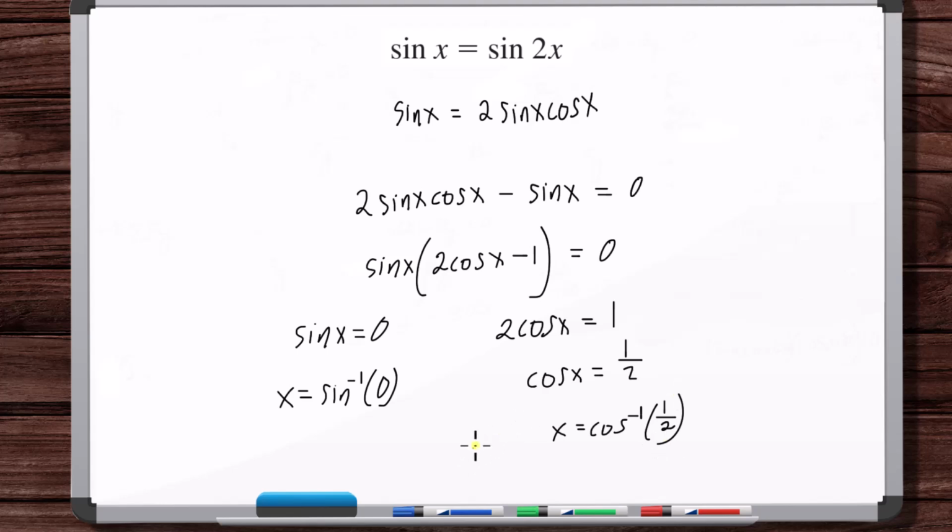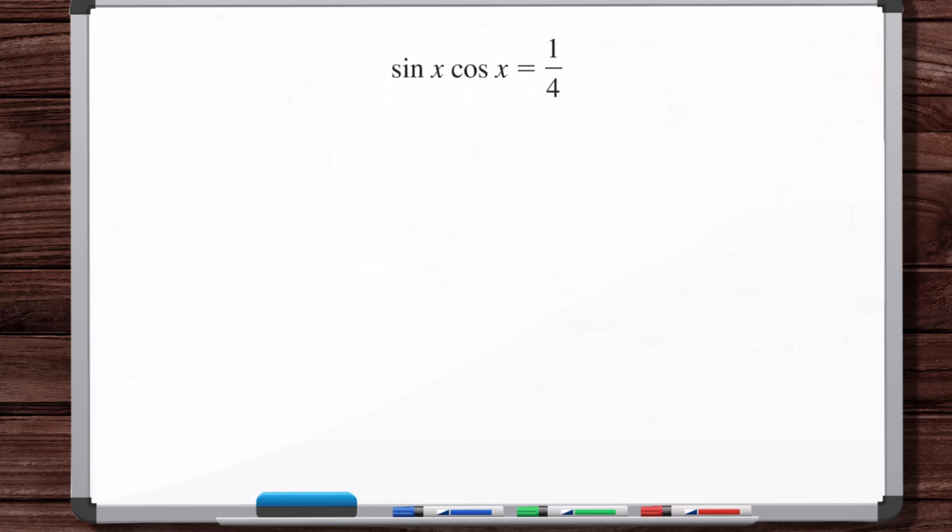See? Now, it also might be the case where we need to go the opposite direction. So here, we can notice that we could write this as 1/2 times 2 sine x cosine x is equal to 1/4. 2 sine x cosine x is sine of 2x.